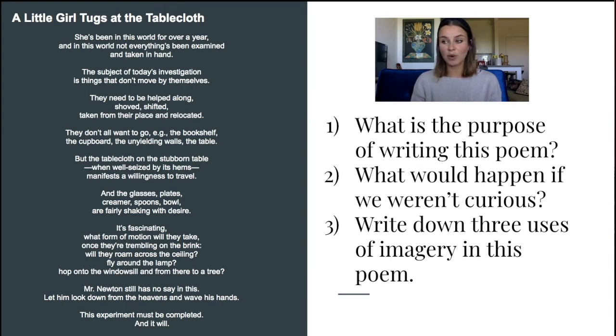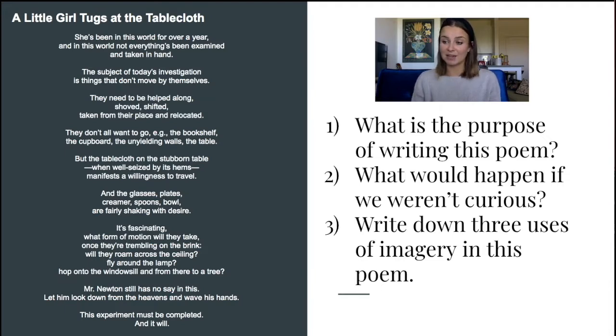They don't all want to go, e.g. the bookshelf, the cupboard, the unyielding walls, the table. But the tablecloth on the stubborn table, when well seized by attempts, manifests a willingness to travel. And the glasses, plates, creamer, spoons, bowl are fairly shaking with desire.